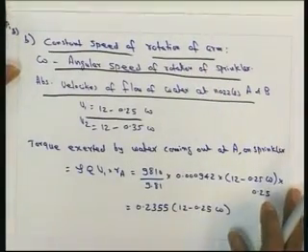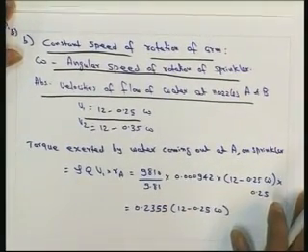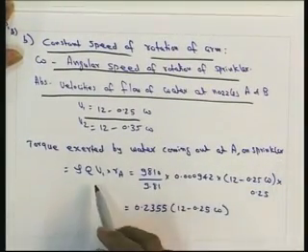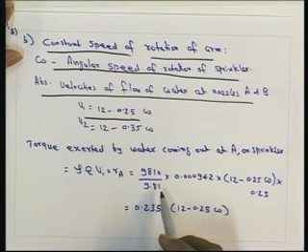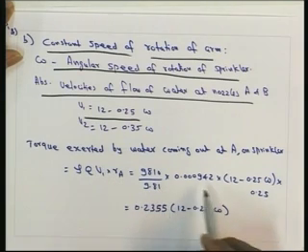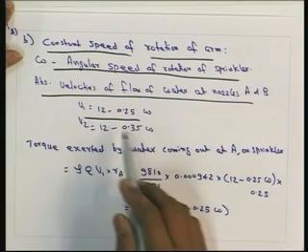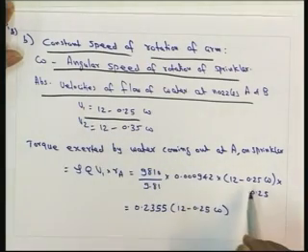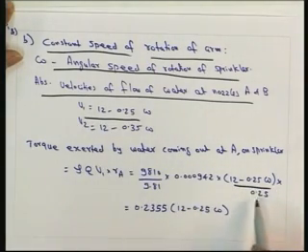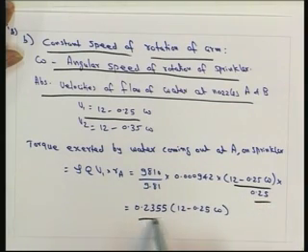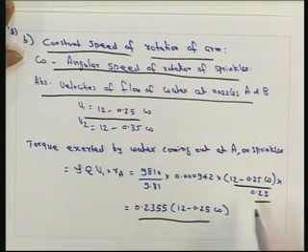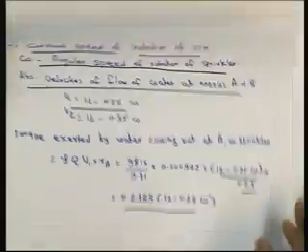So, now the torque exerted by water coming out at A on the sprinkler, we can write as rho Q V1 R A. So, that is 9810 by 9.81 into the discharge. This V1 we will substitute here: 12 minus 0.25 omega into 0.25. So, that will give 0.2355 into 12 minus 0.25 omega.